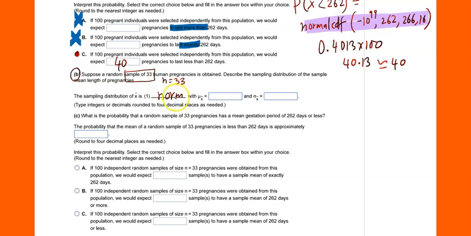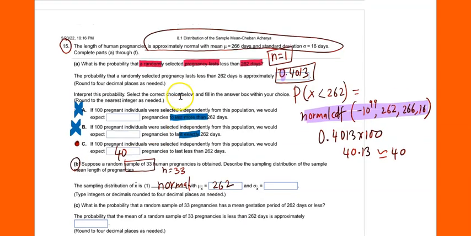Therefore, we write: the sampling distribution is normal with mu X bar the same as mu, which is 266. Remember that mu is 266, not 262. And the standard deviation is sigma X bar equals sigma over the square root of n.